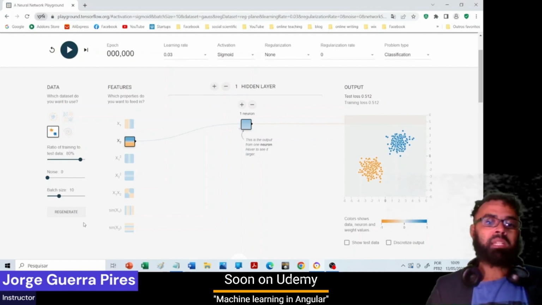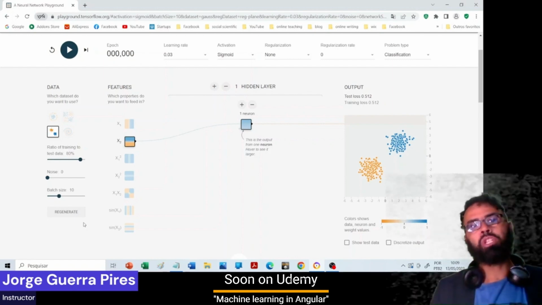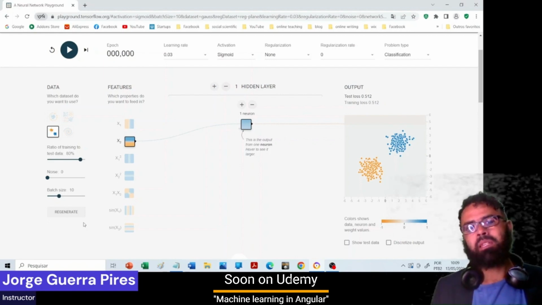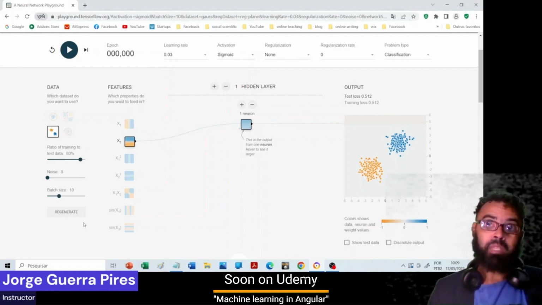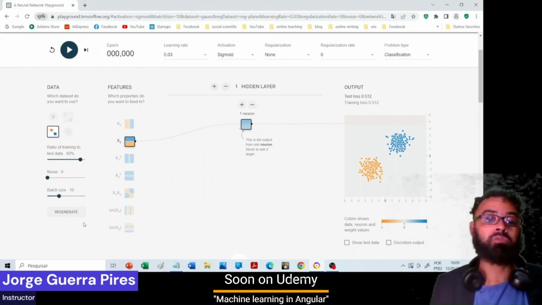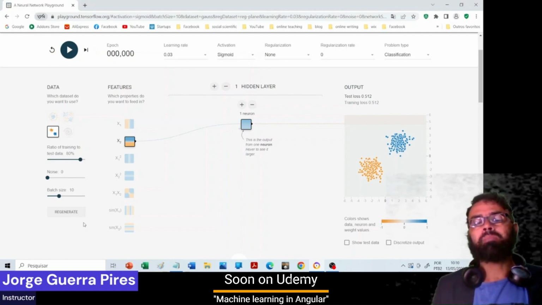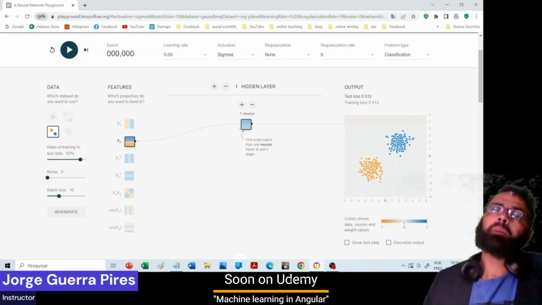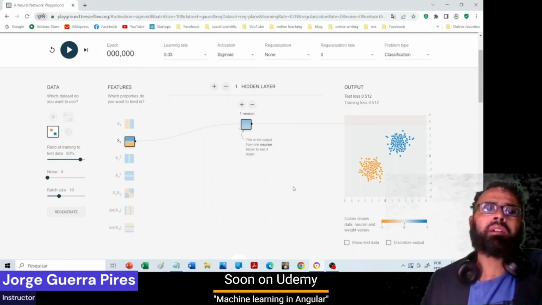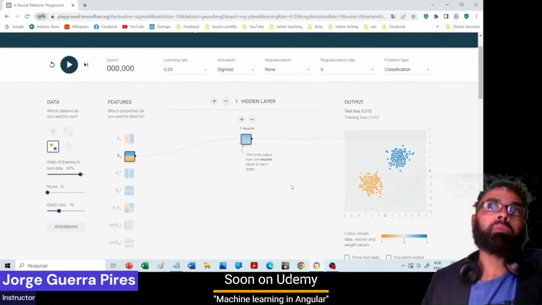So the batch is how many training samples you are going to present before you change the model. So it can be 1. So I think the model is going to oscillate too much because not too much information, just one sample. It can be 10. But there are some discussion which, by the way, I can bring another place about the batch. But anyway, so we are going to use a very simple model.